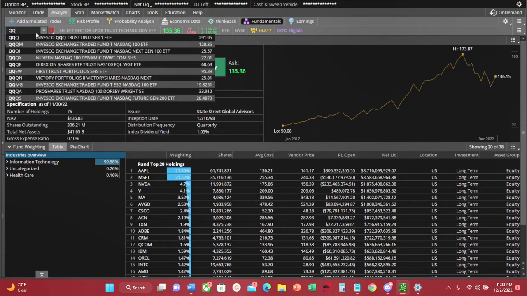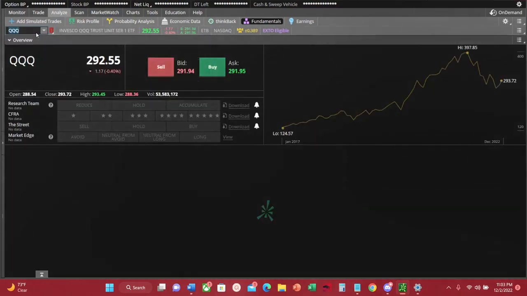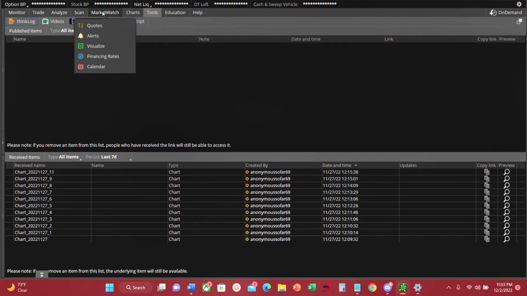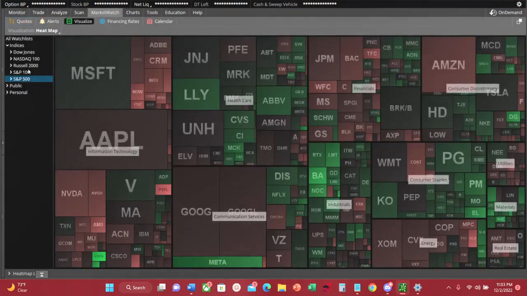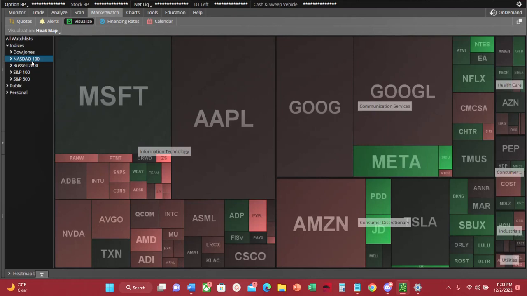It won't let me pull up the QQQ holdings, so I pretty much have to go off the heat map, sorry for blinding everybody. It looks like Google is number 3. Yeah, it's gotta be. Google's number 3, and then it's Amazon. Tesla is not having as high weight as before because it's been dropping.